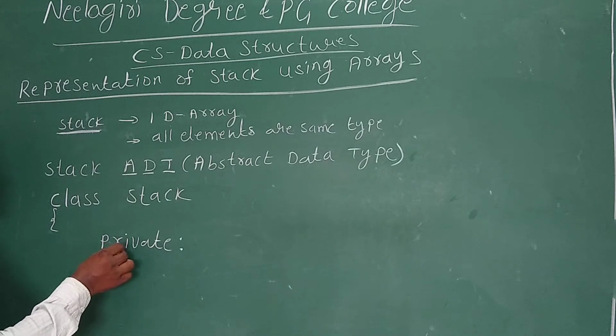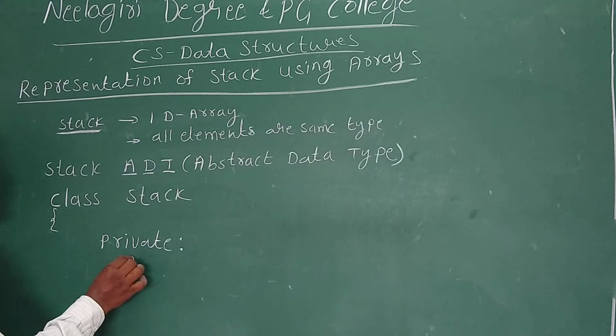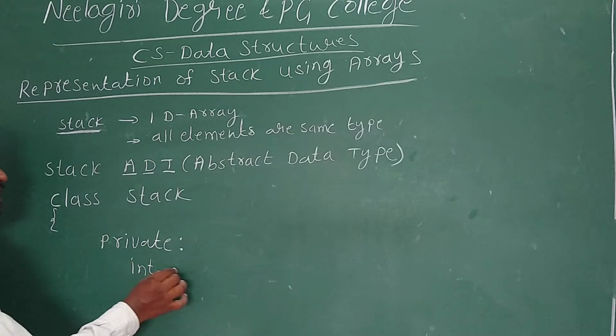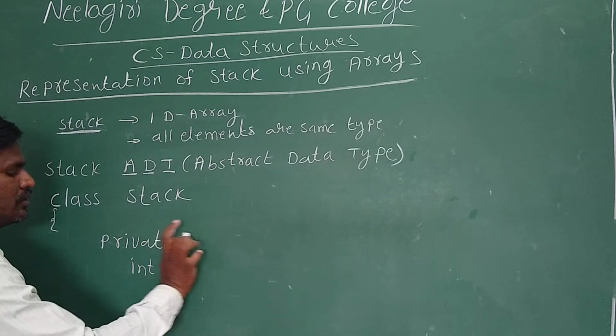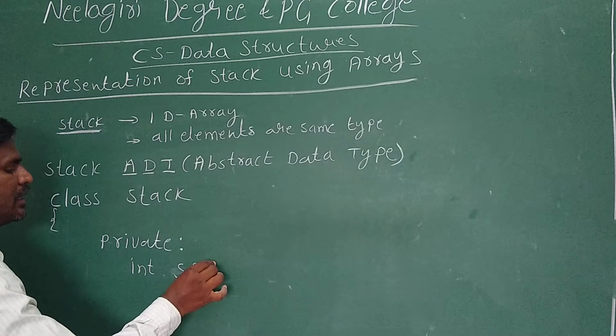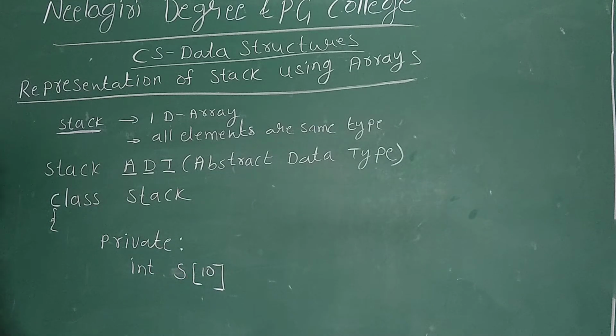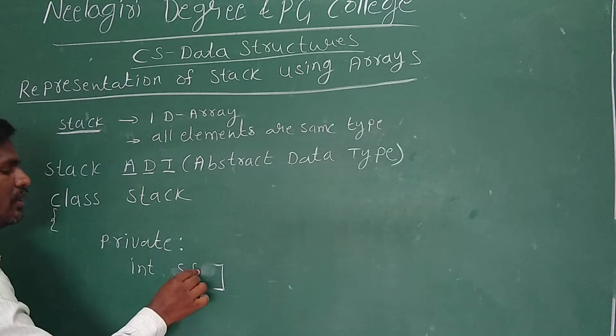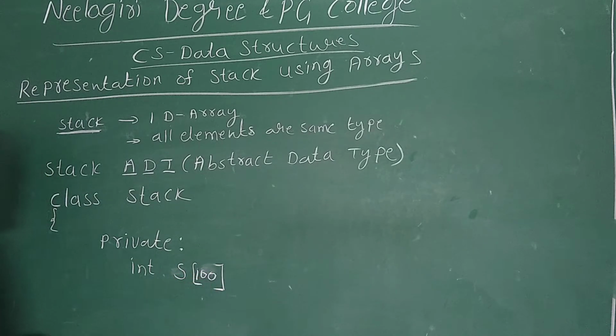The private members are: we declare an array, integer s of size, for example, 10, or you can say size is 100, whatever we may take.